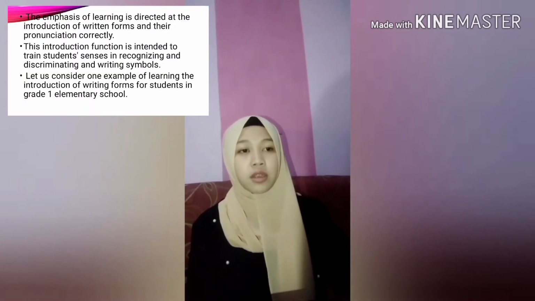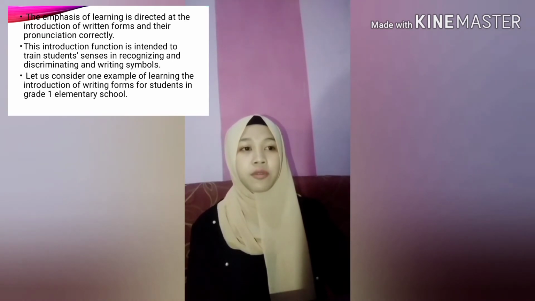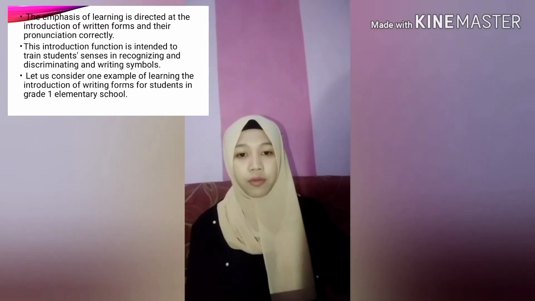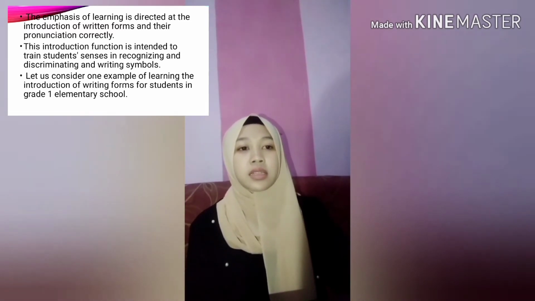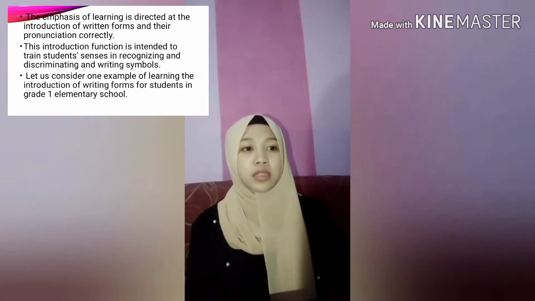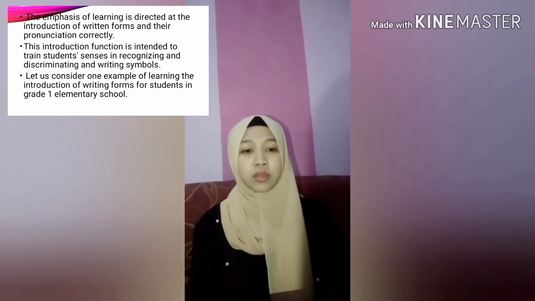The emphasis of learning is directed at the introduction of written form and their pronunciation correctly. 4. This introduction function is intended to train students' sense in recognition and discrimination and reading symbols.